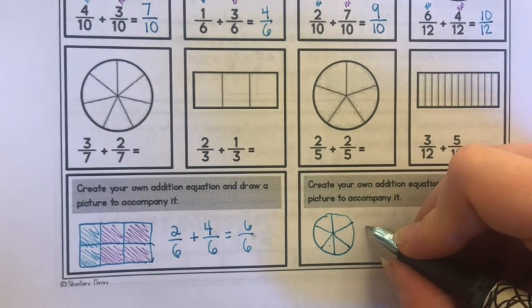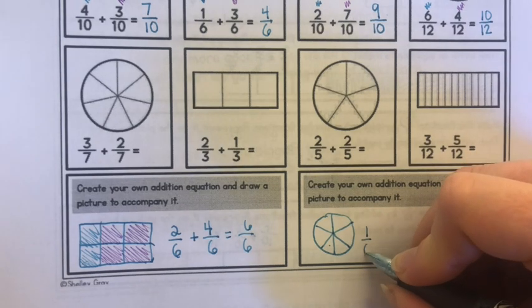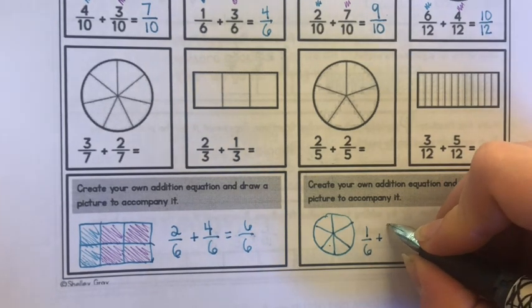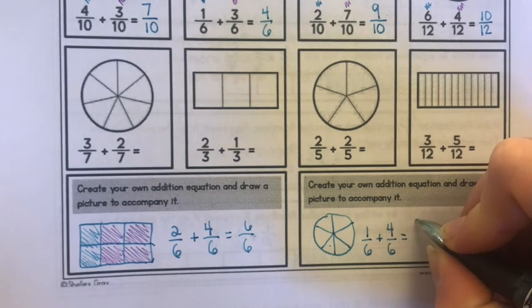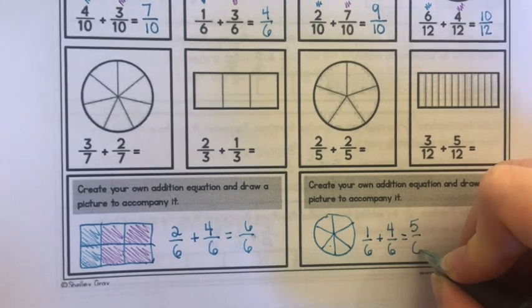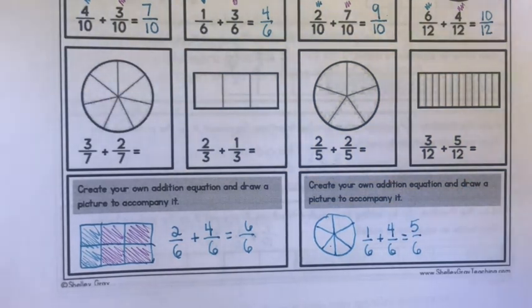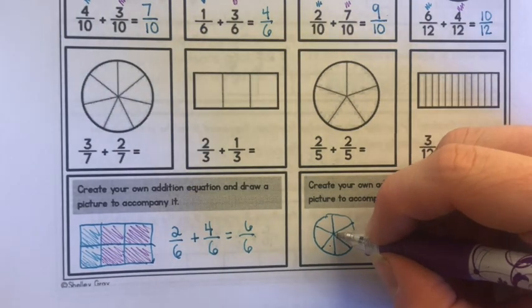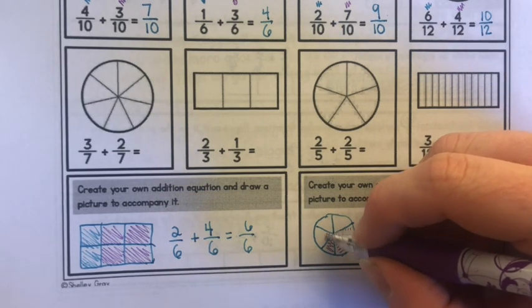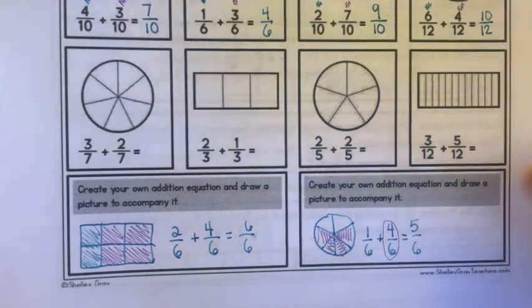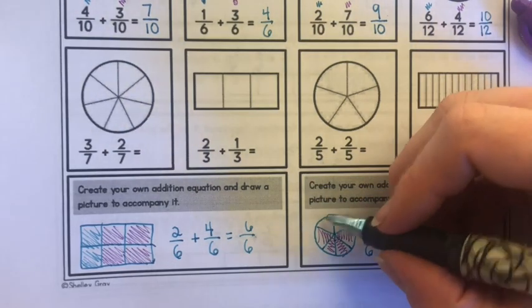Okay, so I'm going to do 1/6 plus 4/6. And that's going to be 5/6 because I just add those 2 top numbers. So let's color them in. 1, 2, 3, 4.